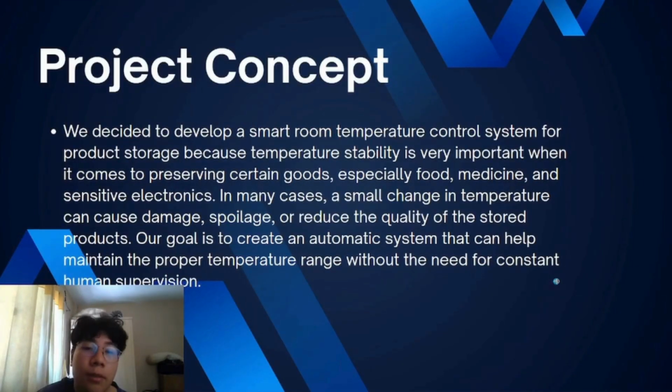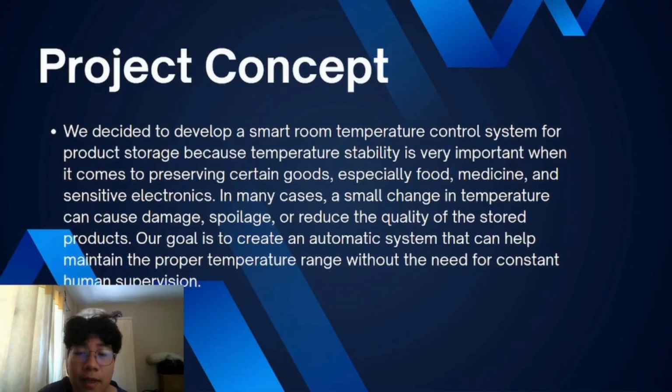We decided to develop a smart room temperature control system for product storage, because temperature stability is very important when it comes to preserving certain goods, especially food, medicine, and sensitive electronics.